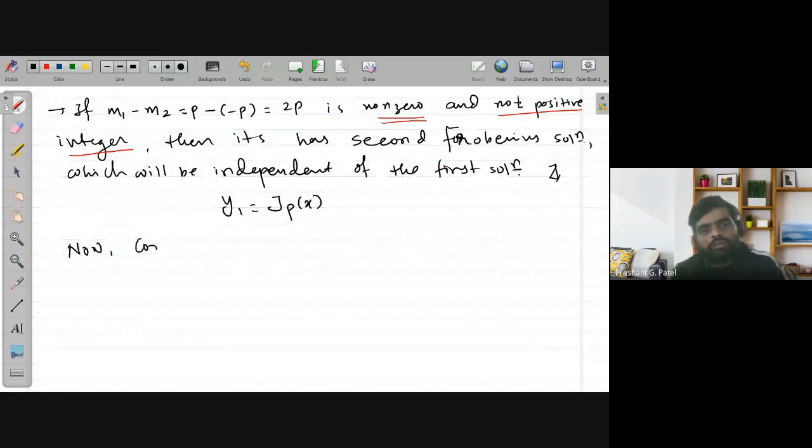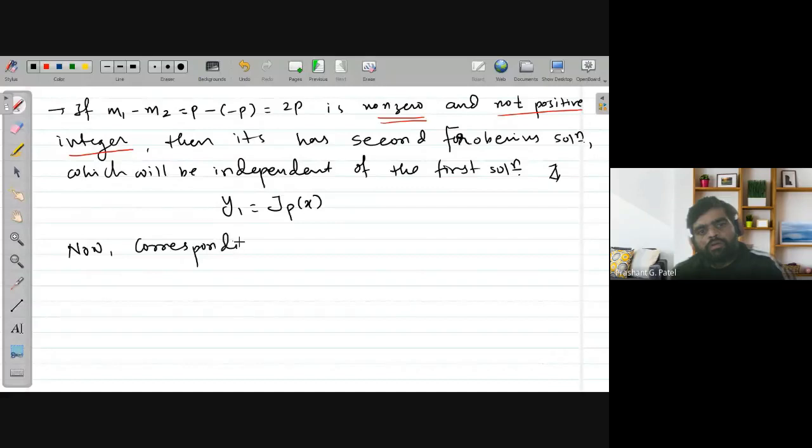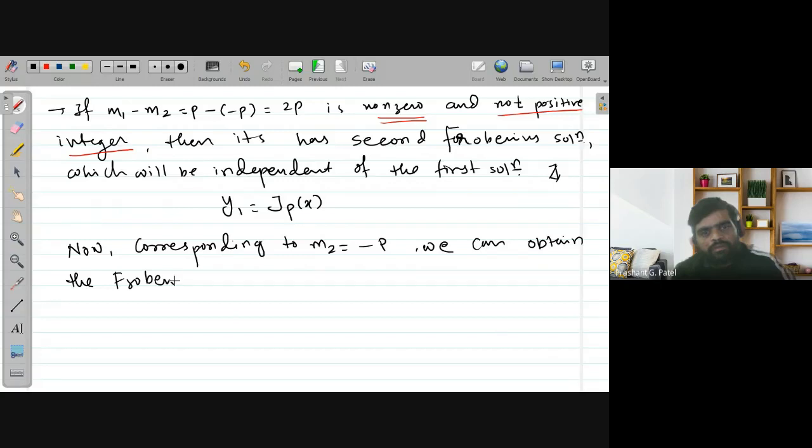Now corresponding to m2, which is minus p, we obtain the Frobenius solution by replacing p by minus p.